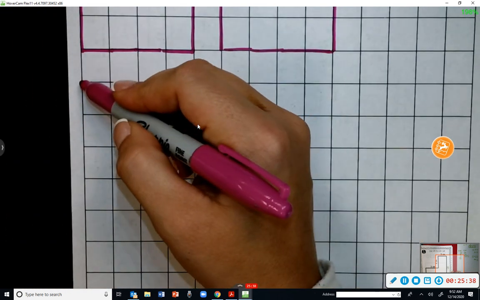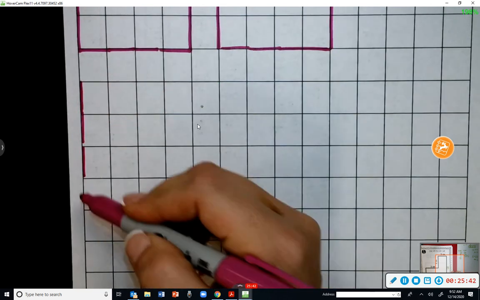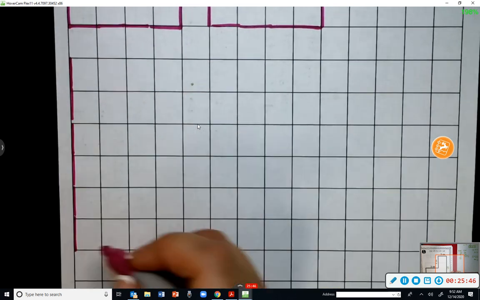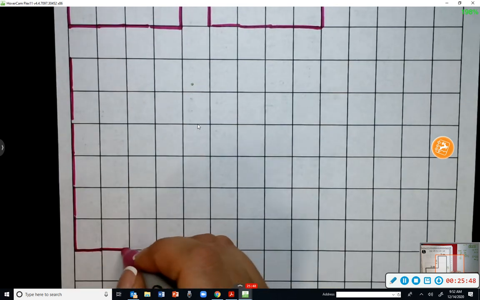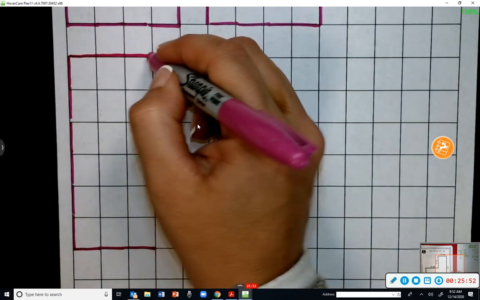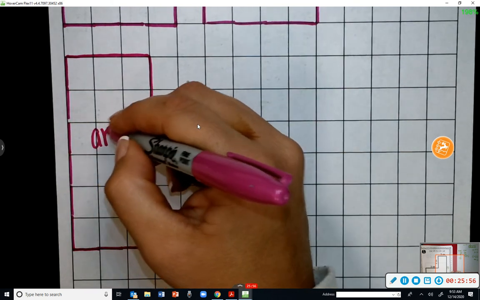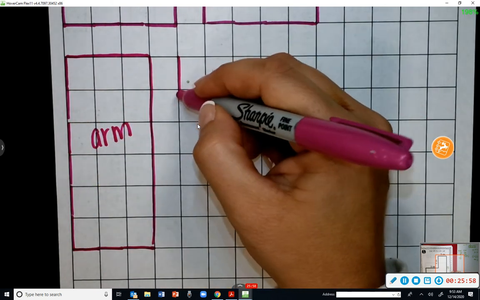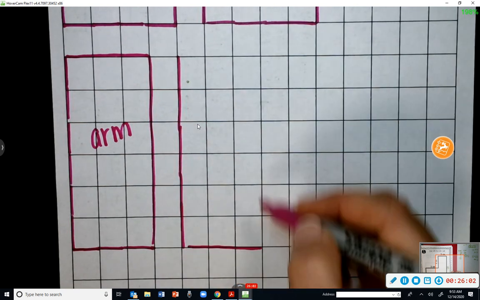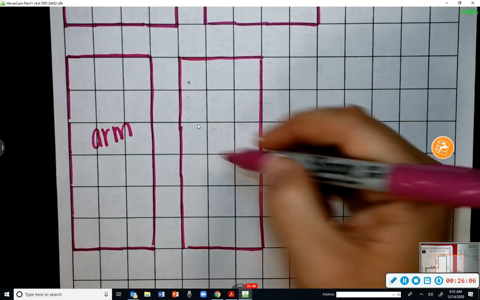I could go down 6. 1, 2, 3, 4, 5, 6. And over 3. 1, 2, 3. 3 squares. So there's his arm. And then another arm. And I'm just drawing to match the first one because I have to have 2 arms.